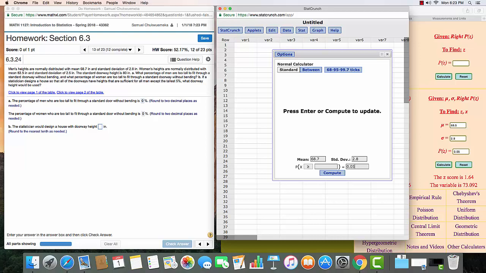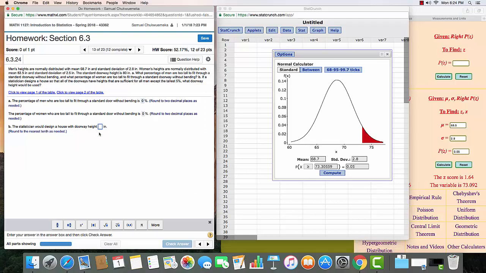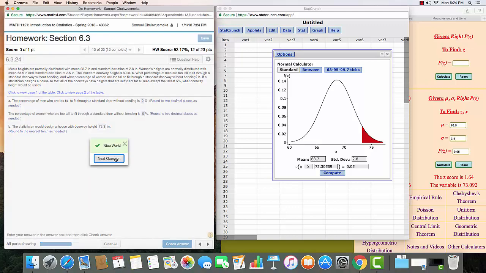We are looking for the height of the doorway. So you make sure you put greater than or equal to 5%. Enter. So the new height, to the nearest tenth, meaning 1 decimal place, will be 73.3. Okay. All right.